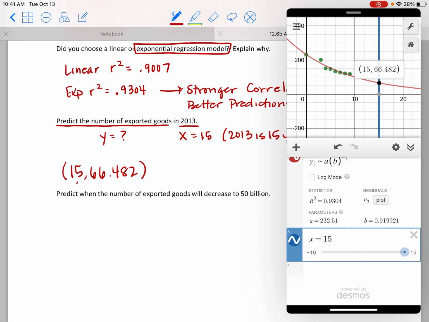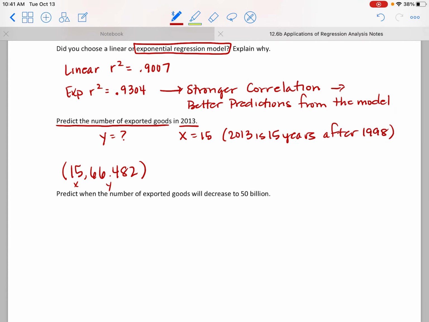So this is my x value, this is my predicted y value. So we're looking at 66.482 billion goods. This is about 66.5 billion goods exported in 2013.